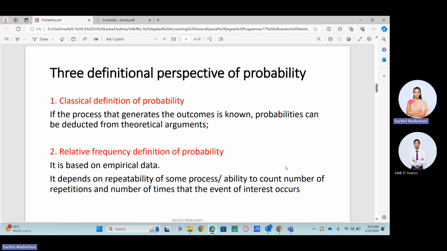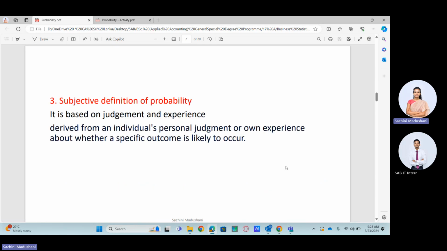But in the subjective approach, what happens? We can get 10 different answers. Why? Because we express the probability value based on our personal judgment. Understood? These are the three different perspectives of probability. It's clear?